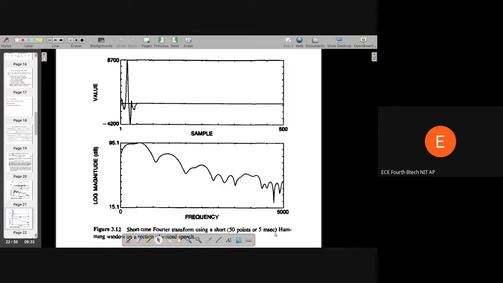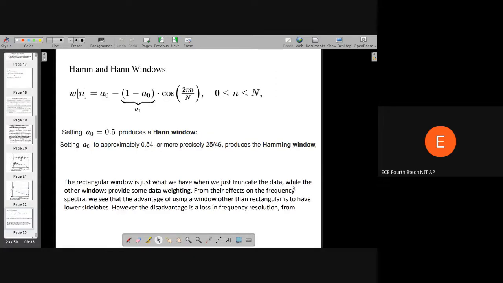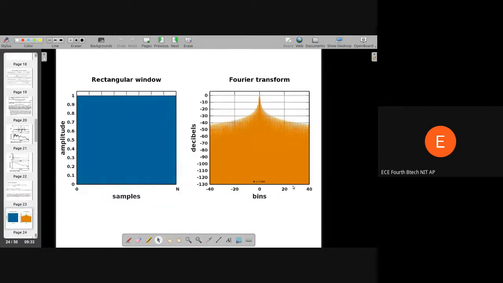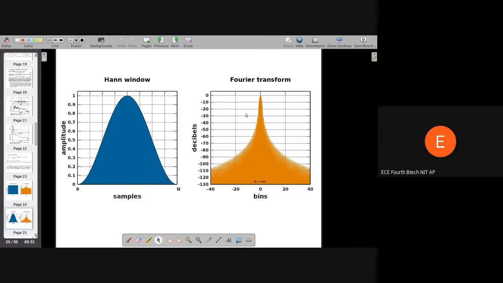When you reduce the window size, because of the strong windowing effect, you get a very averaged kind of spectrum. Now this is also advantageous; we will see in the spectrogram what happens because of that. Now we were discussing different types of windows. For the rectangular window, the side lobe levels are generally high. The advantage of the dome-shaped window is that the side lobe levels are substantially lower.